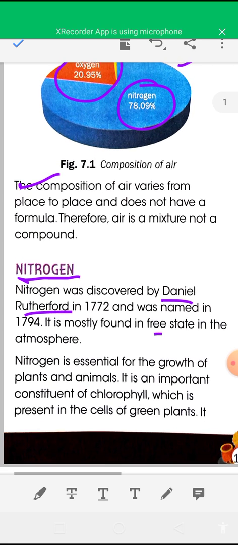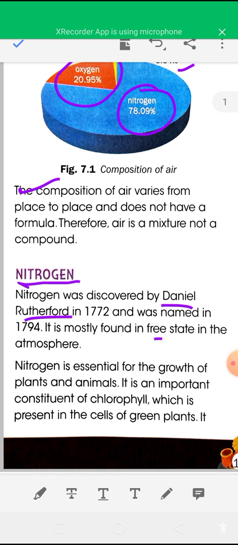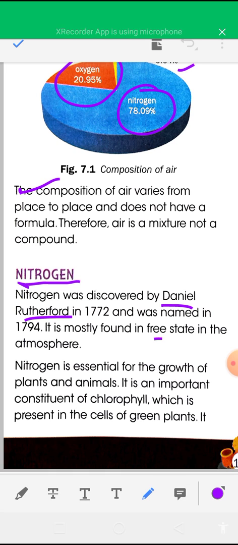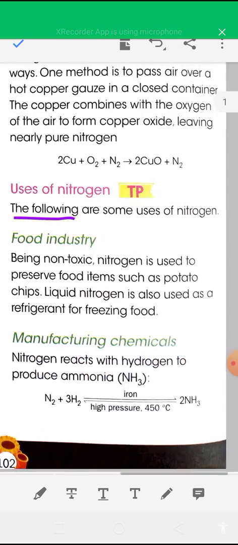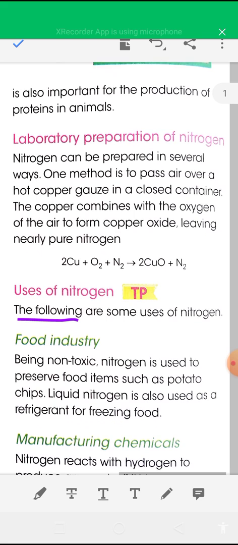Nitrogen is a very important element. It is essential for the growth of plants and animals. It is an important constituent of chlorophyll, which is present in the cells of green plants.